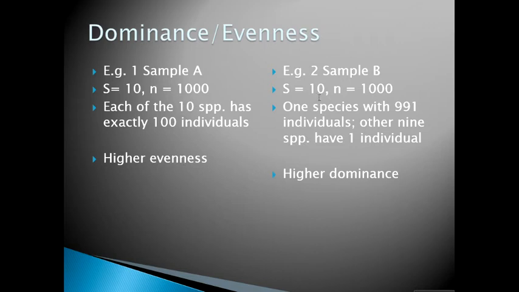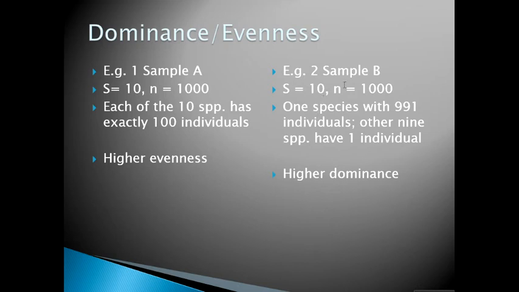But what if you have that same 1,000 individuals, 10 species, but for one of those species, you counted 991 of them, and each of those 9 other species has one single individual representing it. Here again, this is something that is clearly different in the structure of the community.